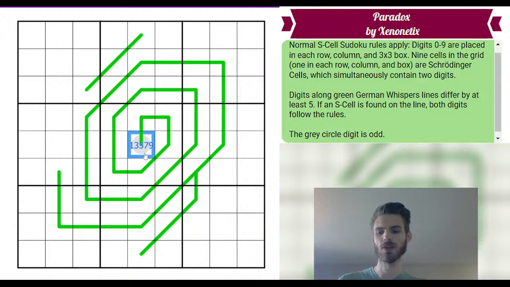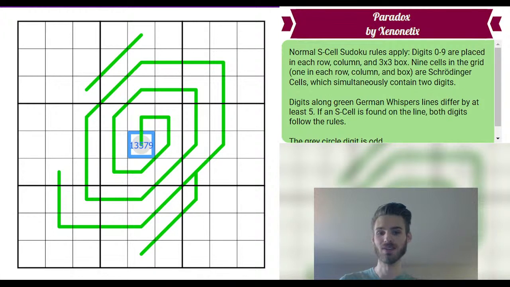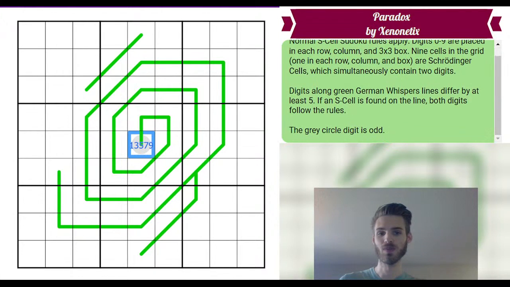Okay, so two things to know about a German whisper are, one, that it oscillates in parity usually. So if we're just talking about the digits 1 to 9, then the digit 1 here would have to go next to a 6 or higher.